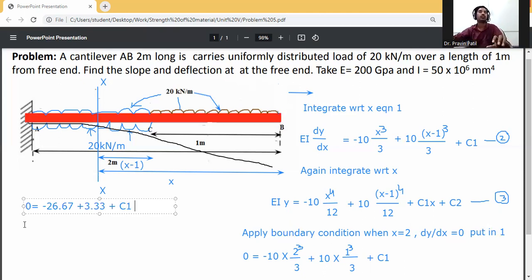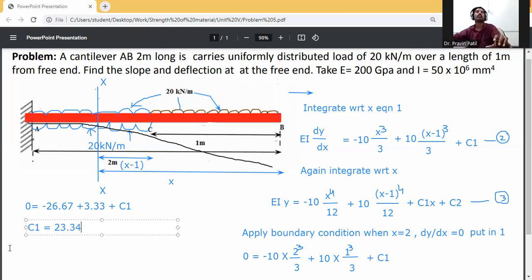So C1 is equal to 26.67 minus 3.33, so it will be 23.34.